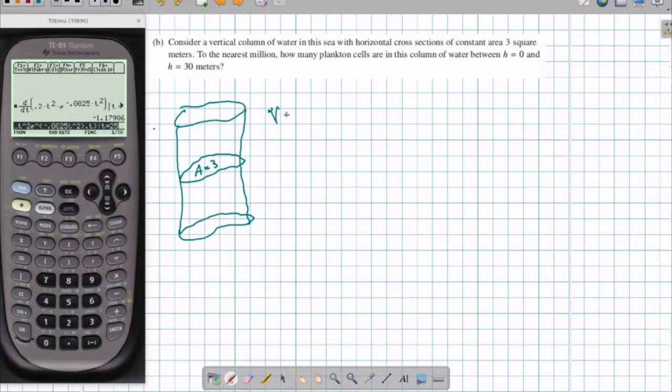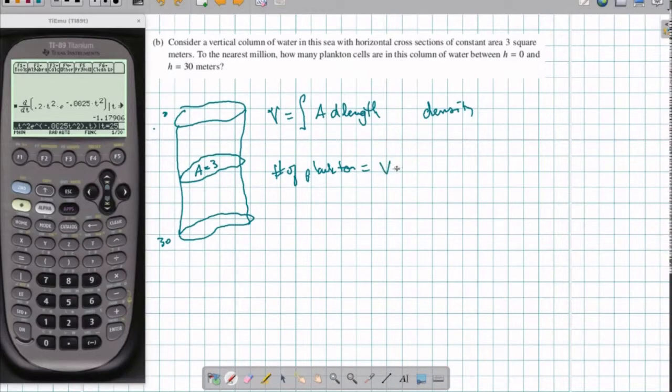And I know that if I ever want to find volume, all I have to do is integrate area with respect to some length. And in this case, I want my depth to go from 0 to 30 meters. So if this is volume, and I know the density, then the number of plankton is going to equal the volume times the density.